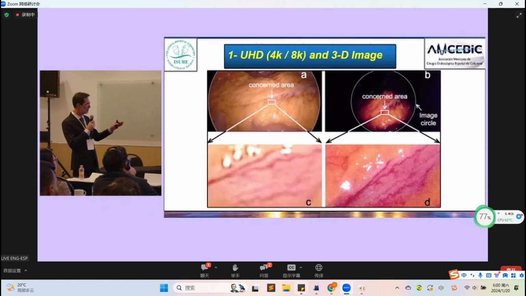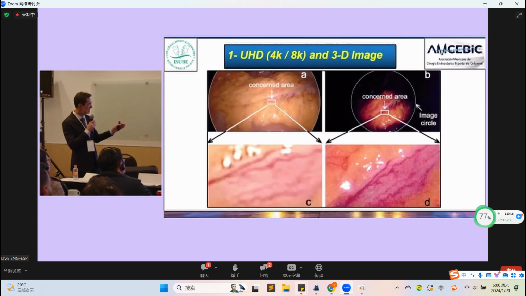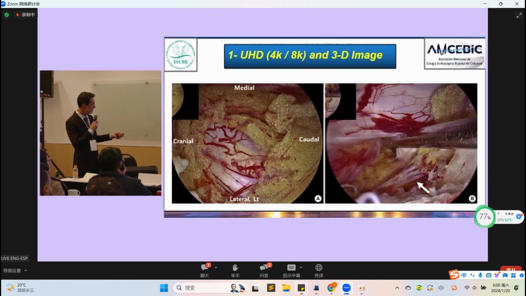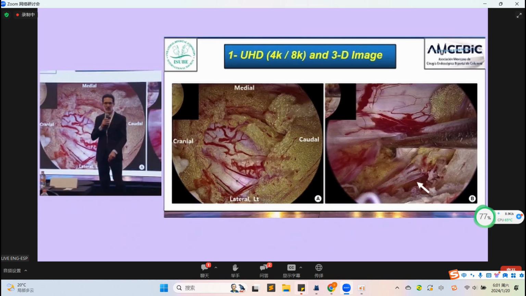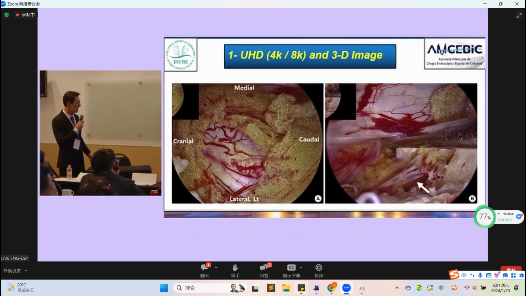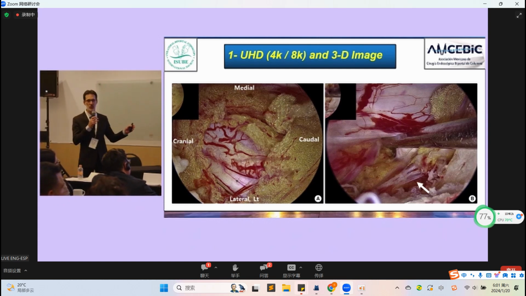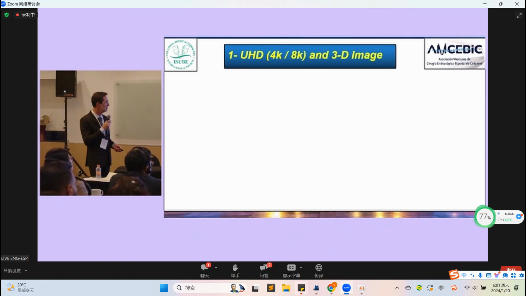It's possible to see details of the vessel, the colors, the tissues, details of the tissues, and in spine surgery, too. It's possible to see some structures that it's not possible to see in a standard image or in full HD image. And you can decide if this structure is a vessel or a bone, and your surgery is more secure.